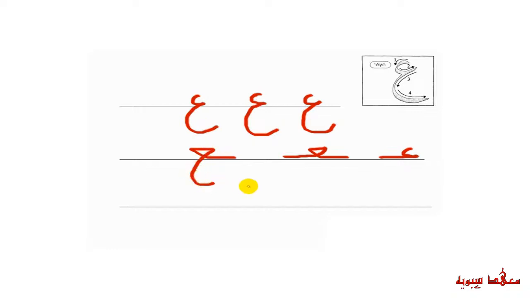So let's draw the three ayns one after the other. Next letter is the Ghayn. It's exactly the same as the ayn, except for the dot. So once again, we'll dot them all. And that's the Ghayn.